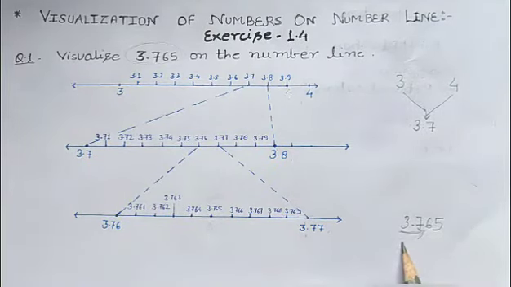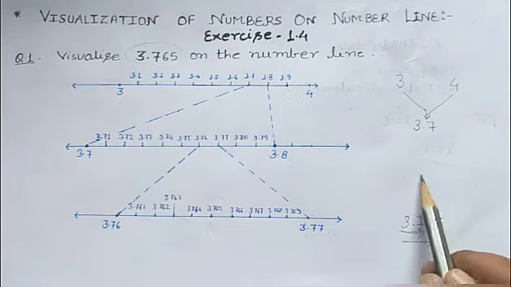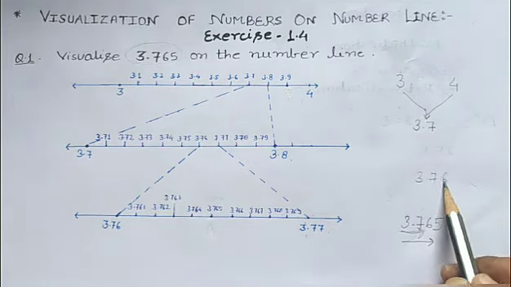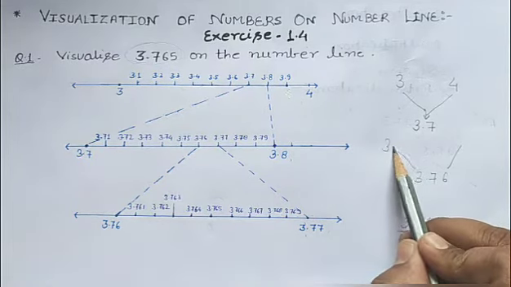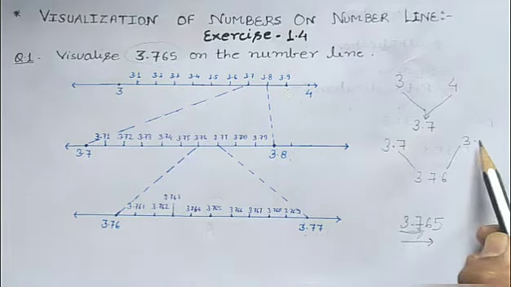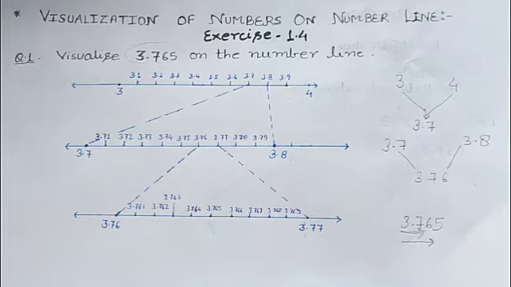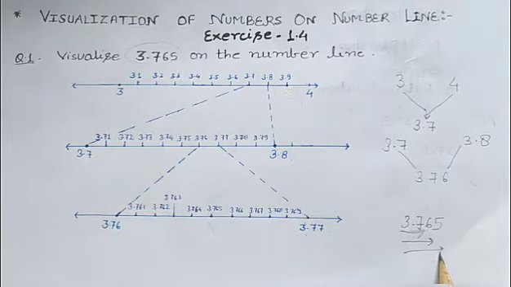After that we will reach 3.76. How will we go to 3.76? See, 3.76 will lie between 3.7 and 3.8. Now how will we reach 3.765?